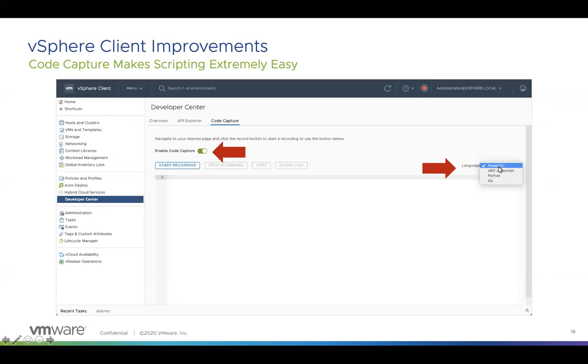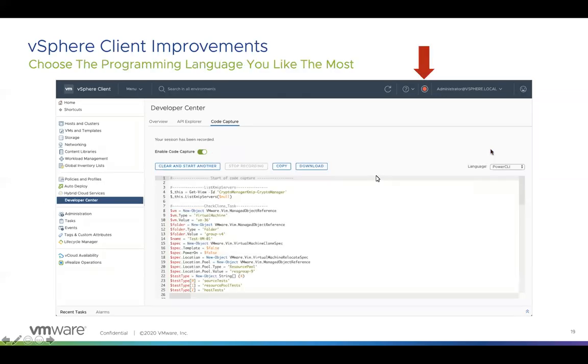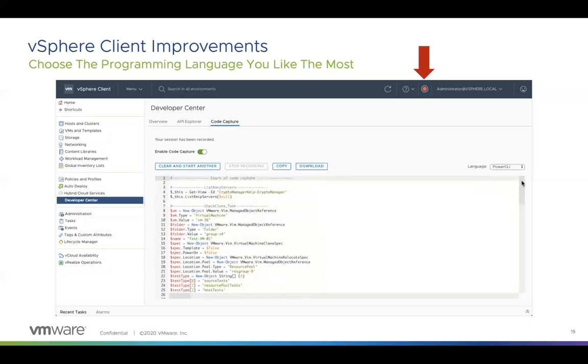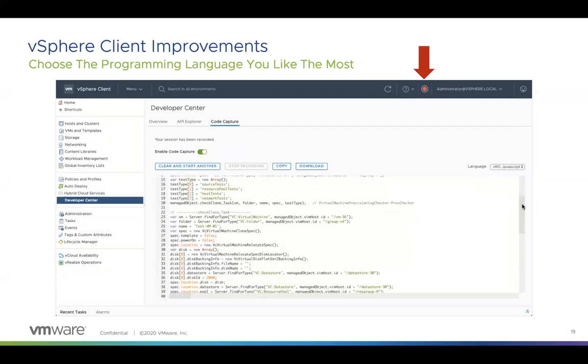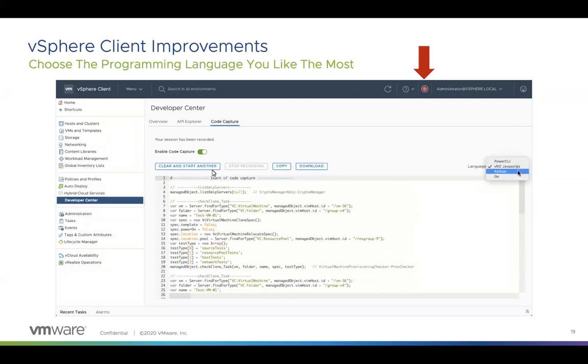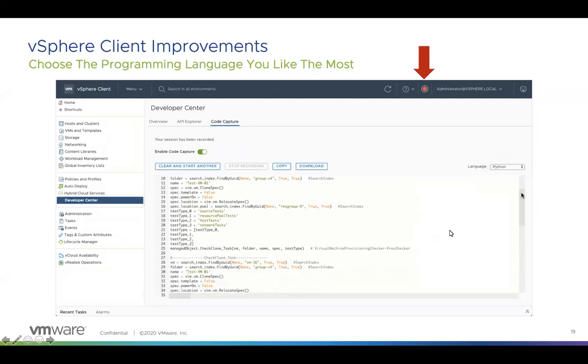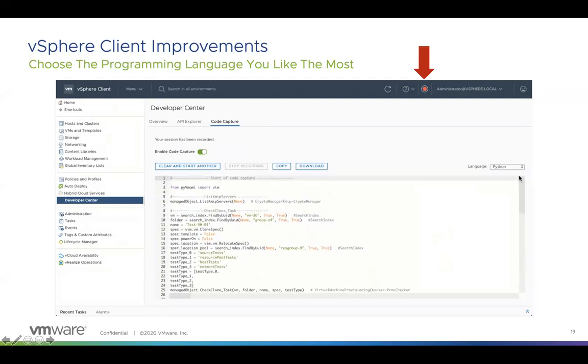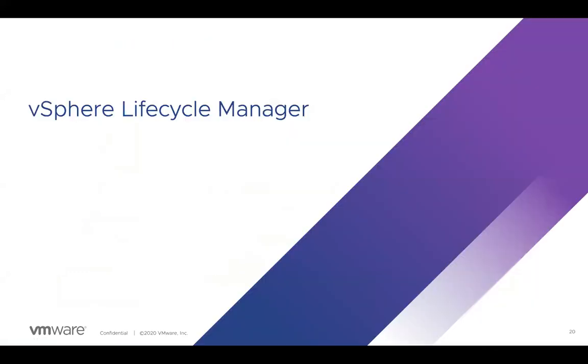You can select the relevant language or tool. It will generate the code for the operation you performed on this vSphere client. It's a really great capability, and I would highly recommend leveraging it for any of your automation needs. You can see how, as you enable code capture and perform operations, it automatically starts generating the code for you. So that is one new capability.